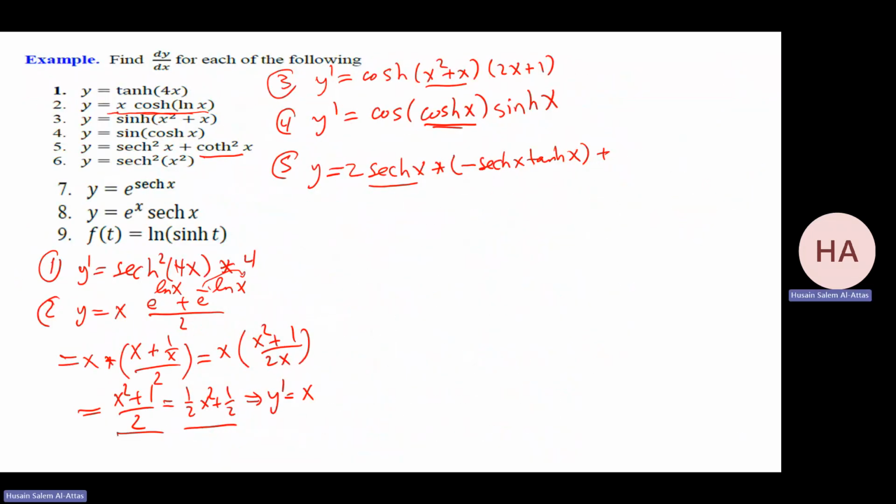That will be plus 2 cotan hyperbolic x times the derivative of this, which is minus cosecant hyperbolic square x. Okay, just leave it like this. Or you can write it as minus 2 secant hyperbolic square x tan hyperbolic x minus 2 cotan hyperbolic x cosecant hyperbolic square x. Okay.